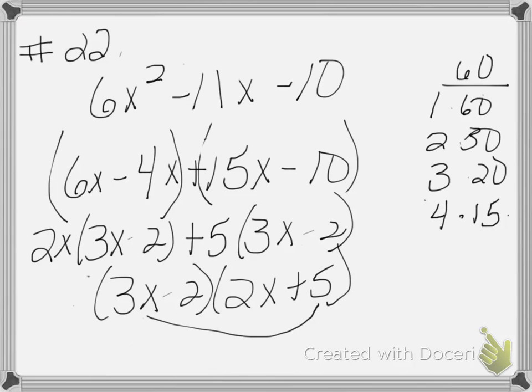Now it's 15x minus 4x gives me 11x. Now there's still something wrong. It's supposed to be a negative 11x. So I had the signs wrong to begin with. So now I just change my signs. Now it should work. Yes.